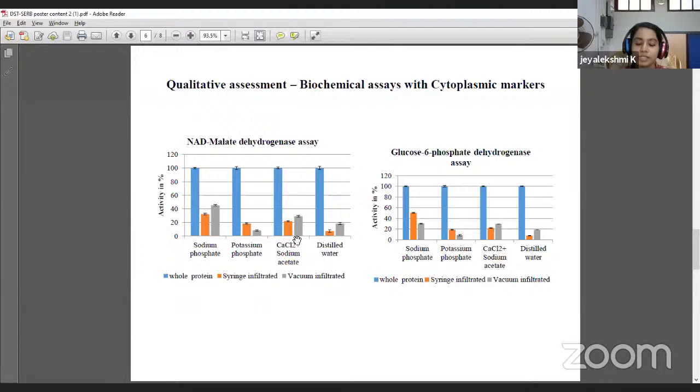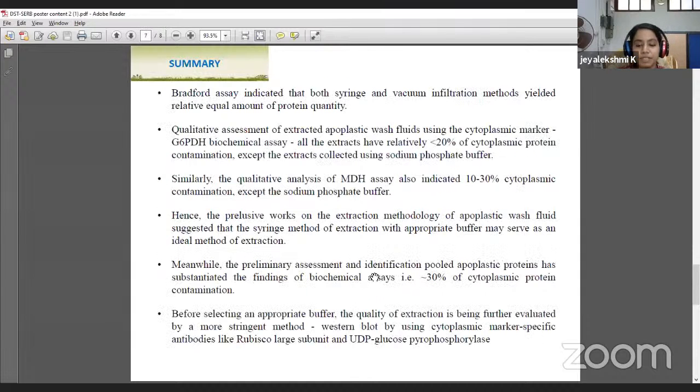We have to focus on less cytoplasmic contamination in our apoplastic proteins, so we prefer the buffers and methods which give less contamination. We can conclude that, between vacuum infiltration and syringe infiltration, the syringe infiltration method is an effective method for apoplastic protein extraction, as it gives less cytoplasmic contamination.